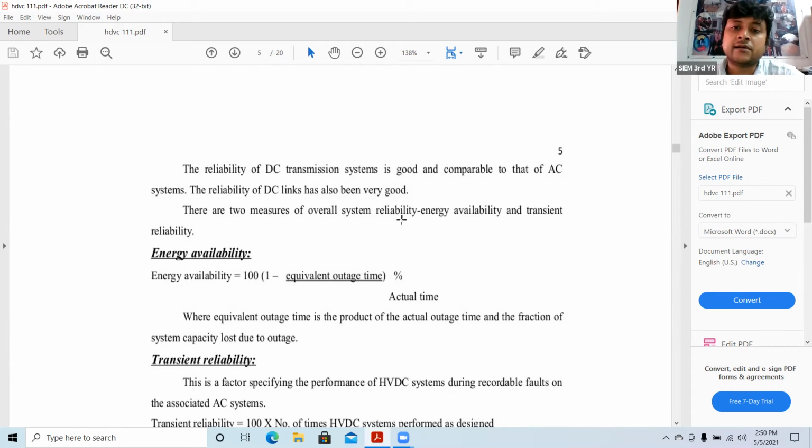Reliability: energy availability and transient reliability. Now, energy availability, this is the formula. Energy availability is equal to 100 into 1 minus equivalent outage time, given in percentage.